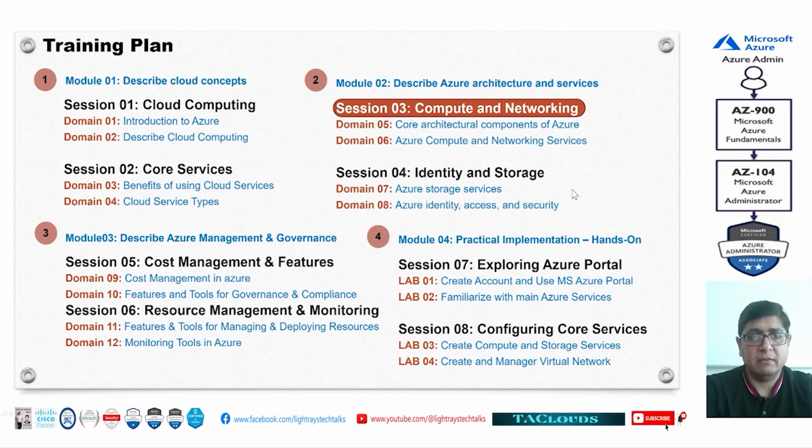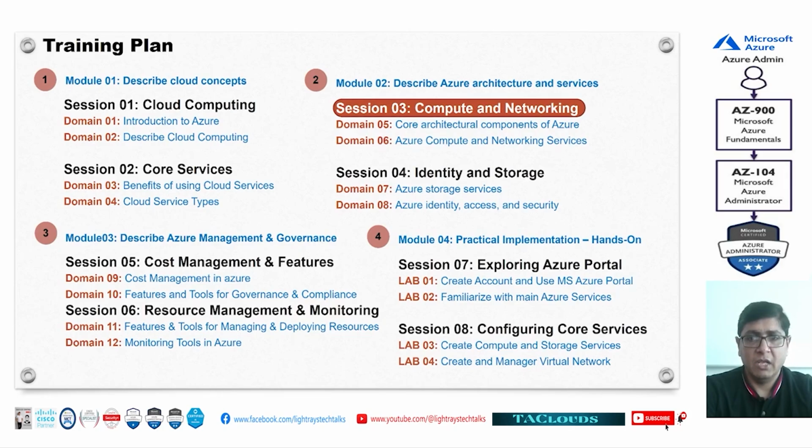On the screen, session 3 has two parts, domain 5 and domain 6. Domain 5 discusses the core architectural components like regions, availability zones, and different kinds of availability. After understanding physical locations, we will go to the core services, meaning compute services and networking services.